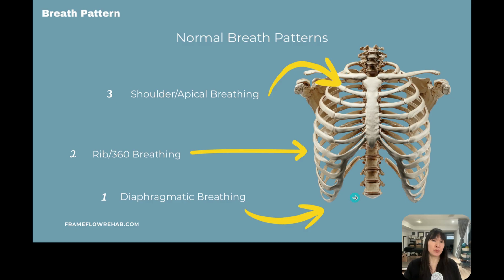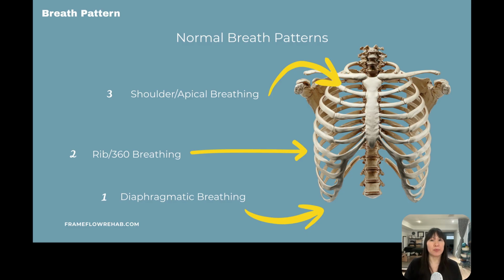When we start to perform slightly more demanding activities, we're going to be looking at rib breathing or 360 breathing. So thinking of those ribs like bucket handles, opening up to the side and then coming back down. So notice how if you put your hands just on the sides, for women, if you wear a bra, just where that bra band is, we're going to take a nice big breath and really think of allowing those ribs to expand sideways.